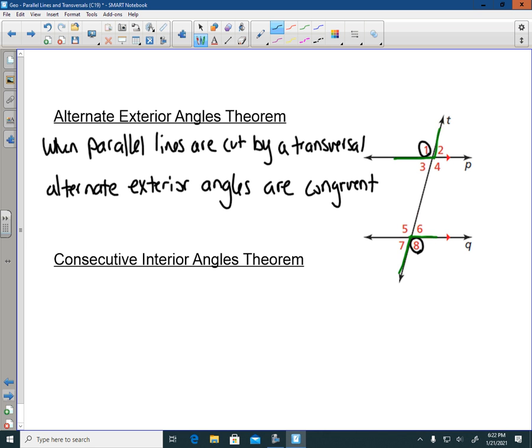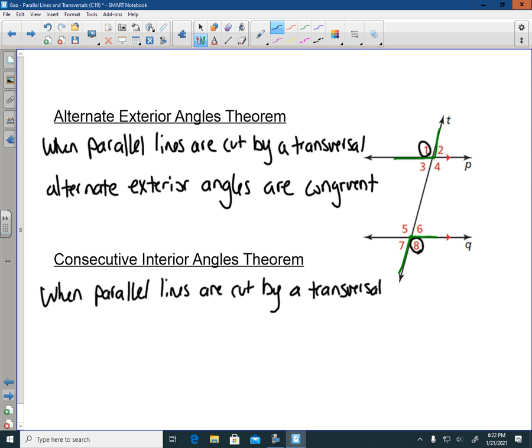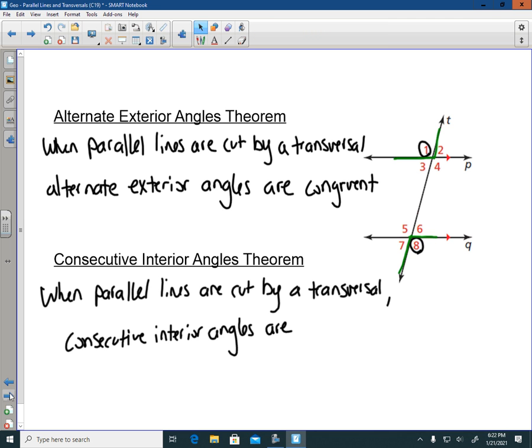And then the last set, consecutive interior. When parallel lines are cut by, well, that doesn't look like cut, but you get it, cut by a transversal, consecutive interior angles are, think they're congruent?